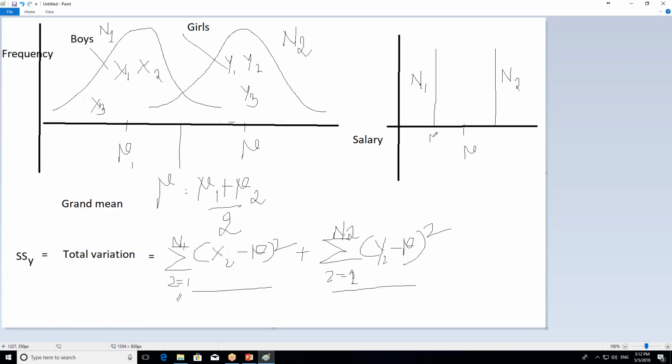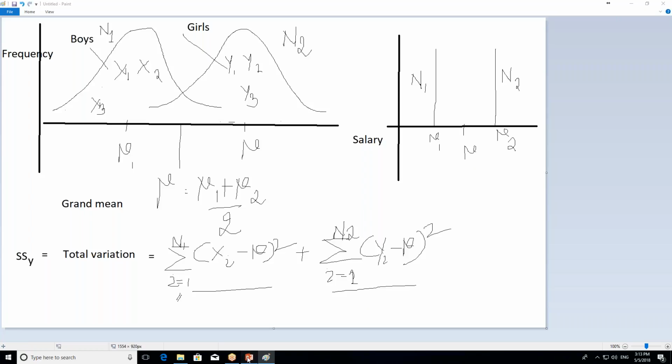This is mu1, and this is mu2. What is the difference between the groups? It is the difference between mu1 and the grand mean mu, plus mu2 to mu.